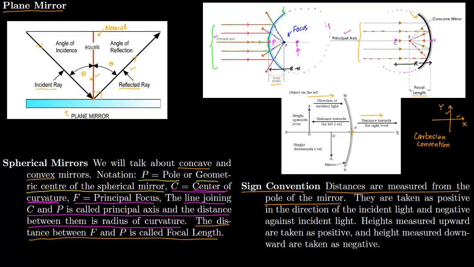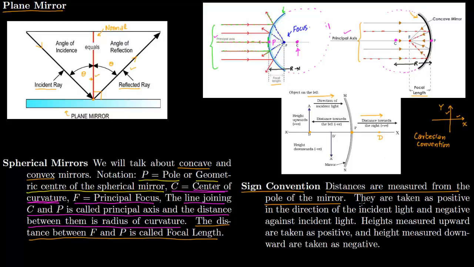If we measure distance from P to some point B towards the left, that distance is negative, because we start measuring from P and go in the opposite direction. Whereas the distance from P to point D here is positive. P to B is negative, P to D is positive.